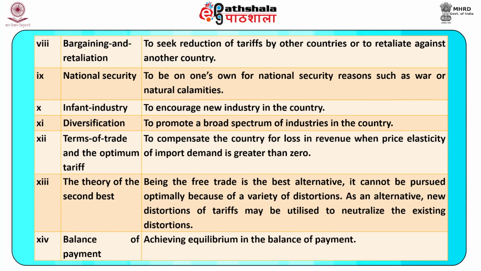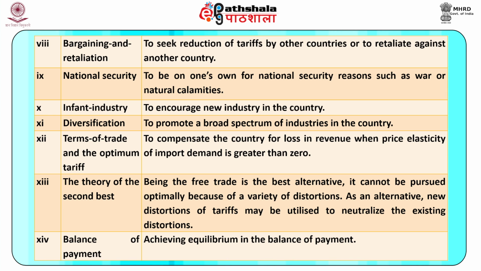The eighth, bargaining and retaliation, that is to seek reduction of tariffs by other countries or to retaliate against another country. The ninth is national security, to be on one's own for national security reasons such as war or natural calamities. The 10th is infant industry argument, that is to encourage new industry in the country.